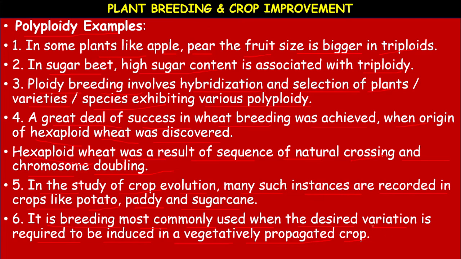Vegetatively propagated crops means that if the plant propagates with parts other than the flower, such a group of plants comes under vegetatively propagated crop plants.